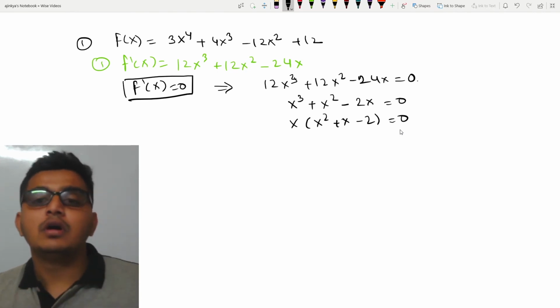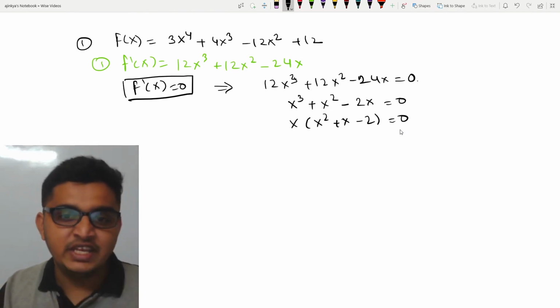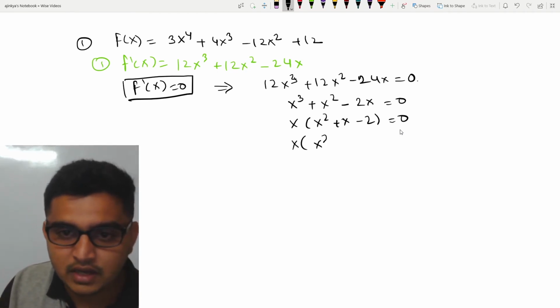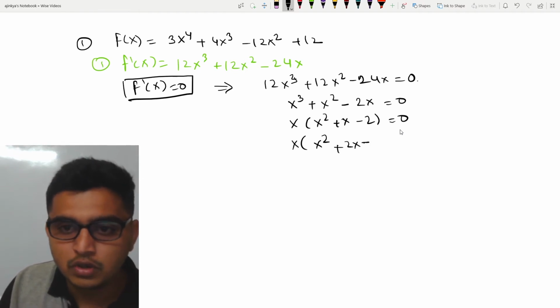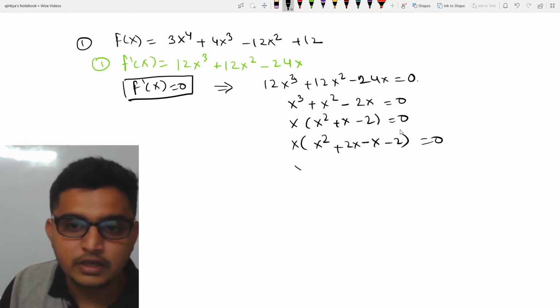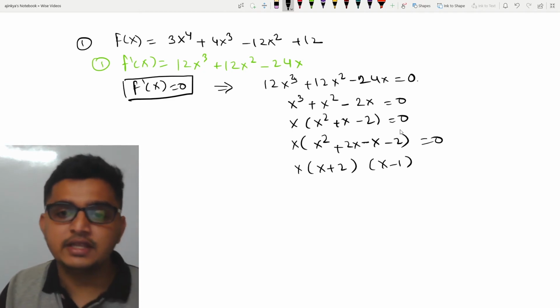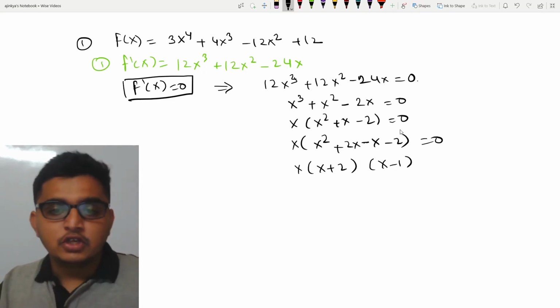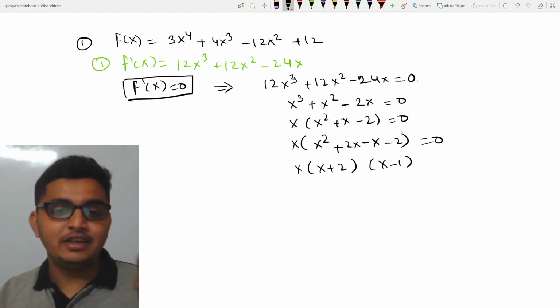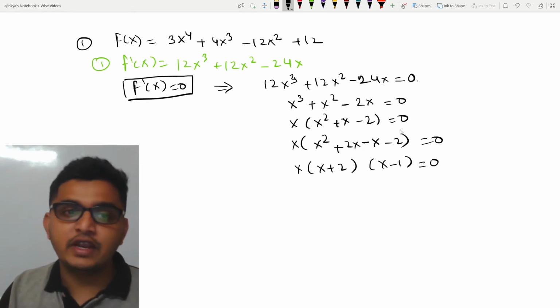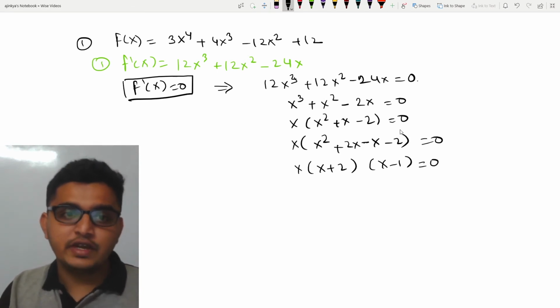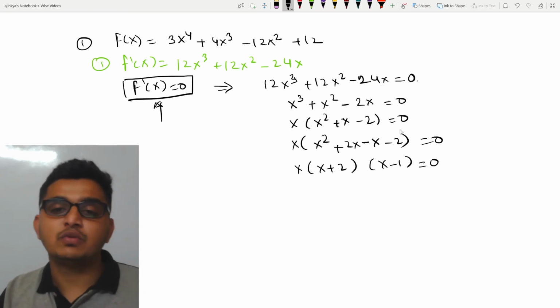And now if you try to simplify it, it is very easy. So I'll just write it down directly: plus 2, minus 1 equals 0, and then you have x plus 2 and x minus 1 inside the bracket. Yes, so now you can see there are 3 different points where f dash of x is equal to 0.